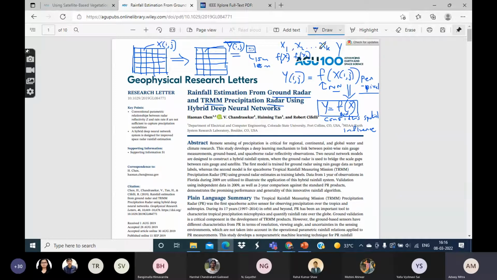These models may have different discrepancies, or they may disagree among themselves about what the value should be at this location or at this location. So basically it's a case of an ensemble model.